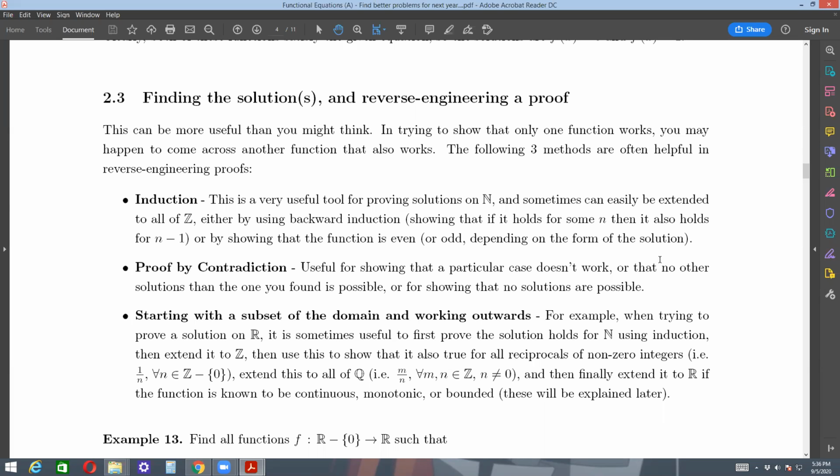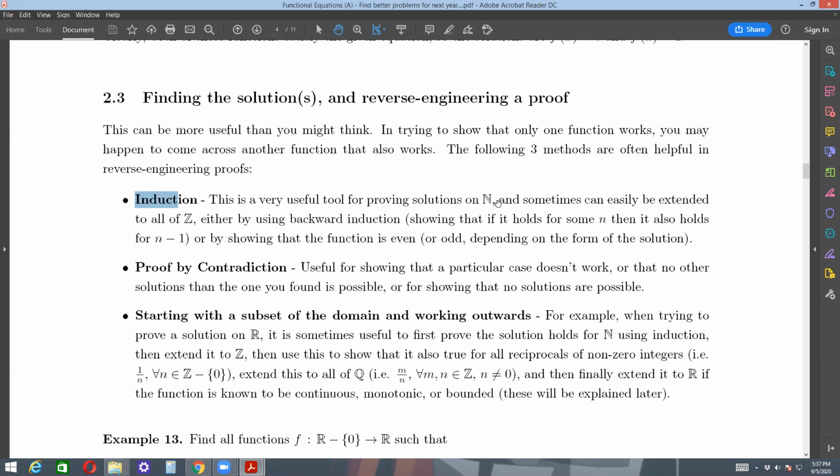Another strategy is to use values, see what happens, and then maybe guess what the solution is, or based on patterns you see, identify what the solutions are, and then try to reverse engineer a proof. Now, if you're trying to reverse engineer a proof, one way to do it is by induction. But you can only use induction if you're working with integers or positive integers or natural numbers.